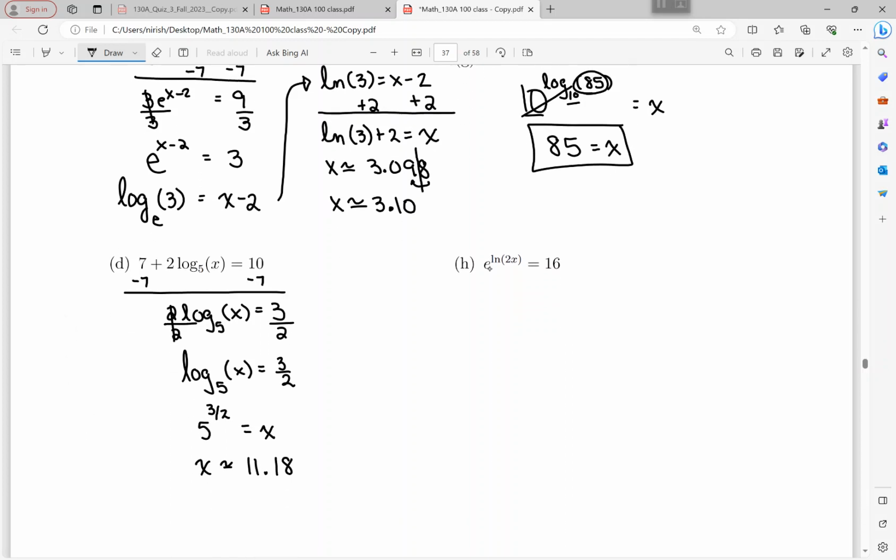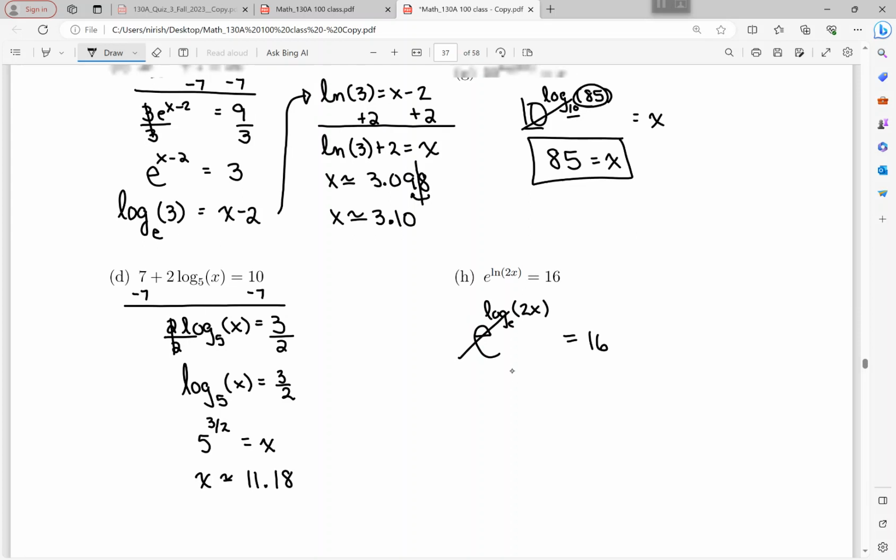Letter H is similar to that. This is e raised to the log base e, that's what ln is, of 2x equals 16. So the e and the log base e wipe out, and I'm left with 2x equals 16. Divide both sides by 2 to solve for x. So I get x equals 8.